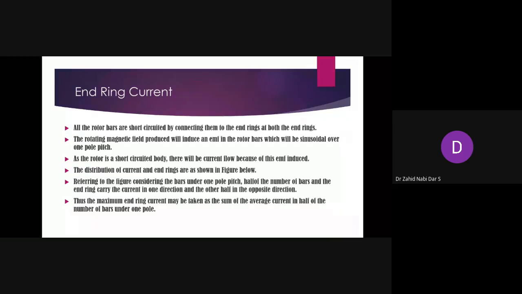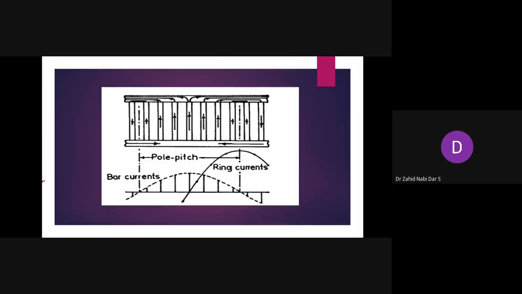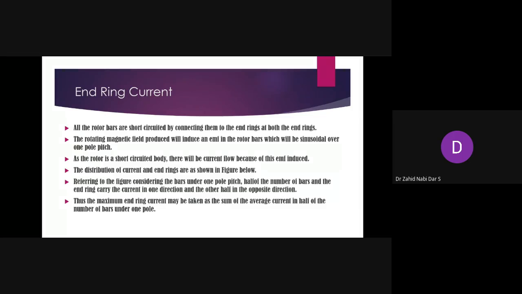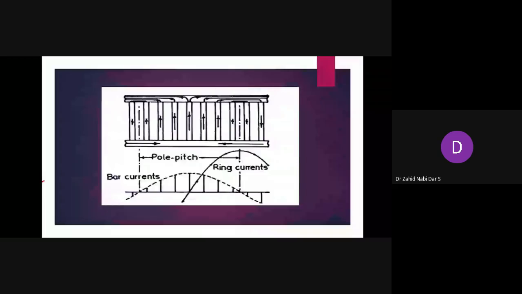Rotor bars are short circuited by connecting them to end rings at both the sides. Here the rotating magnetic field is produced, which will induce an EMF. Since the rotor is short circuited, there will be current flow due to the induced EMF.